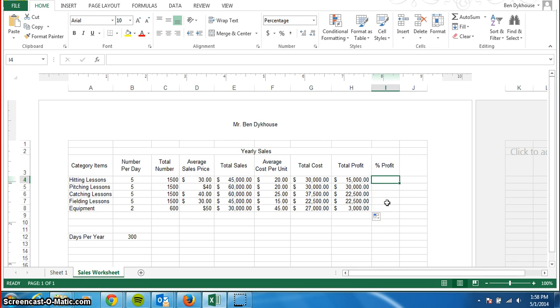And Emily, would you be willing to read number 22 for us? In cell I4, insert formula equals H4 divided by E4 to show the percent of each profit for each category. Good. So equals.